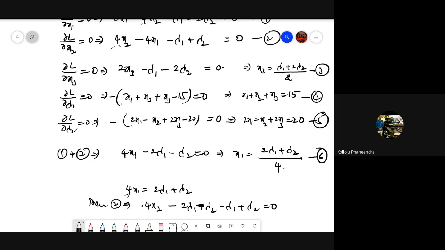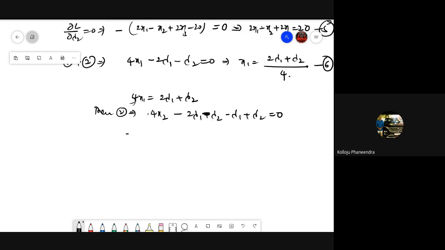Is it correct? Done. So from this, what is x2 equal to? x2 = 3λ1/4. Okay, now I have x1, x2, x3.